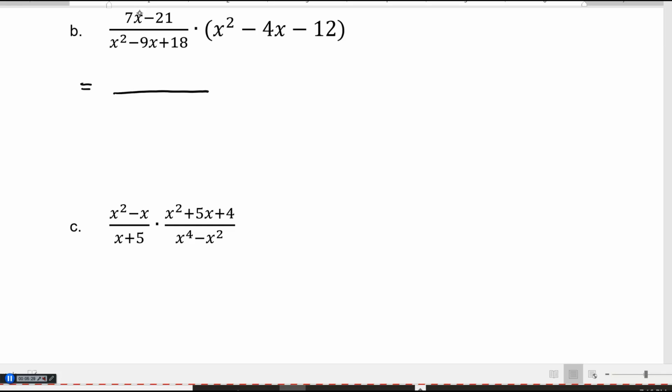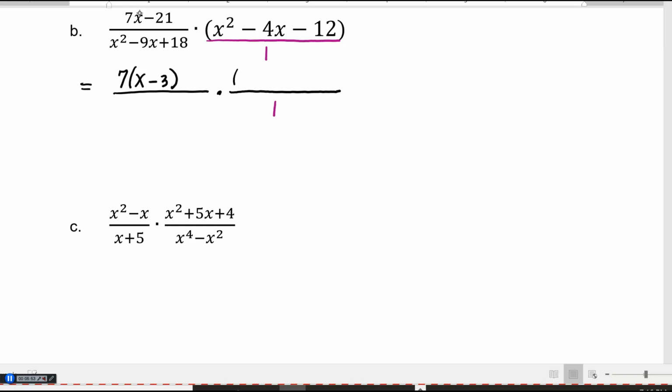Now, if you factored 7x minus 21, then you are correct if you factored it as 7 times x minus 3. Now, notice to the right here, we have a trinomial, but it's understood to be divided by 1. So you can always write that 1 in the denominator.